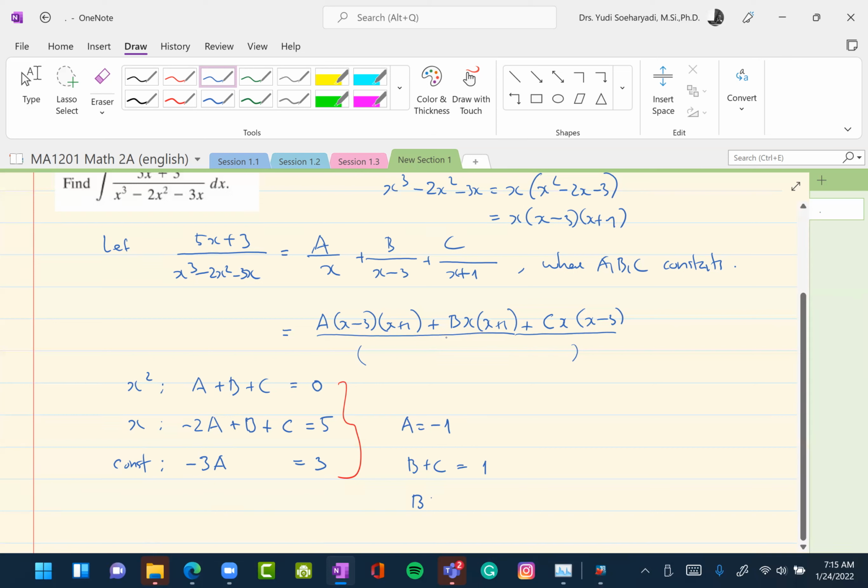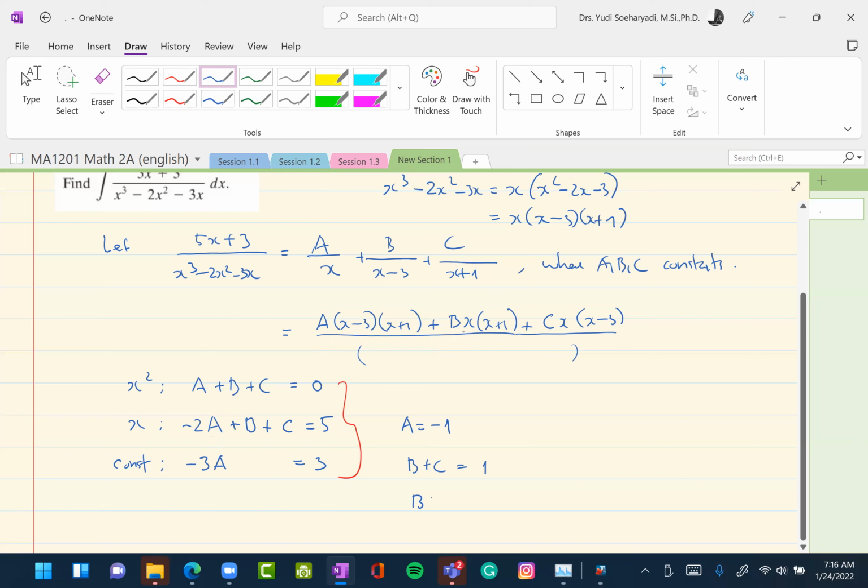How many x do you have here? Minus 2A. Oh, I made some mistake here. From the x term, if you multiply this out, you have -2x, so -2A.